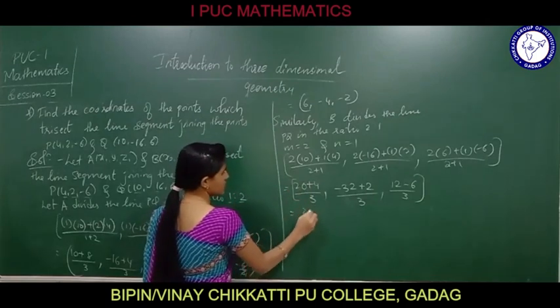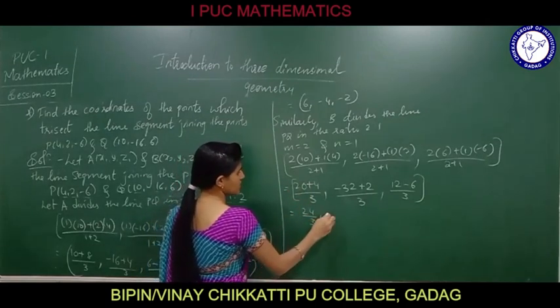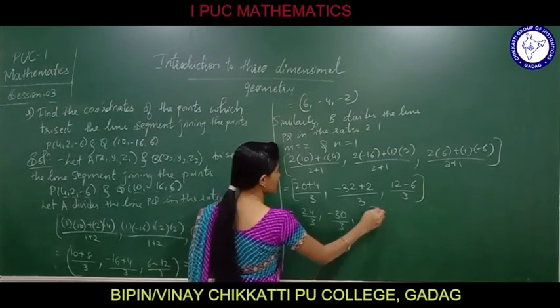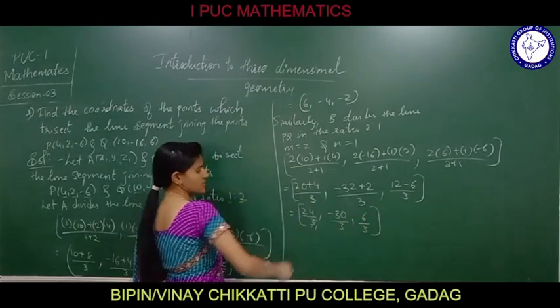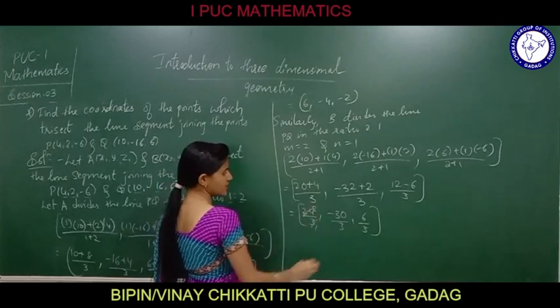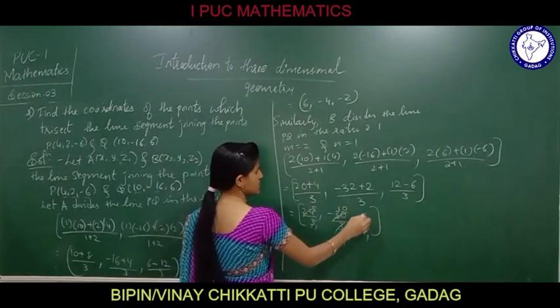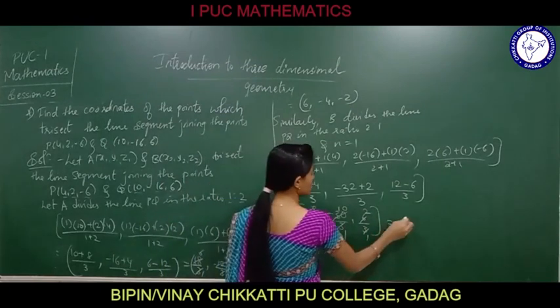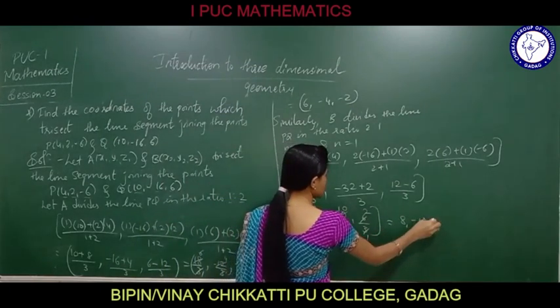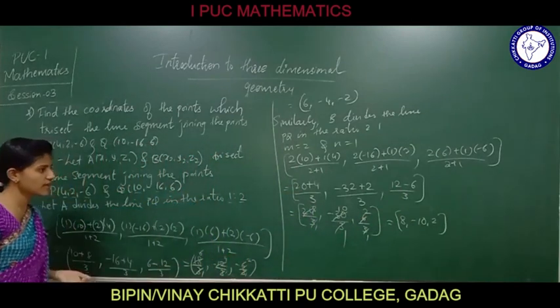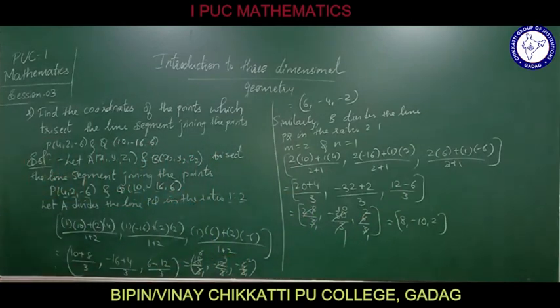Simplify. 24 by 3, minus 30 by 3 and 6 by 3. 3 eights are 24, 3 tens are 30, 3 twos are 6. I got 8, minus 10 and 2. On simplifying, we got B as 8, minus 10 and 2.